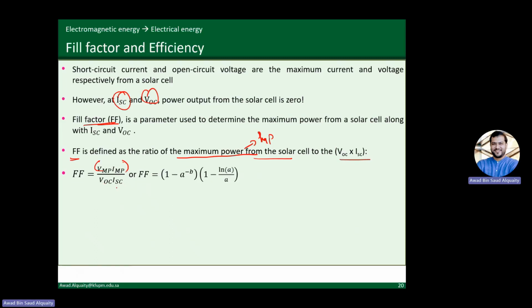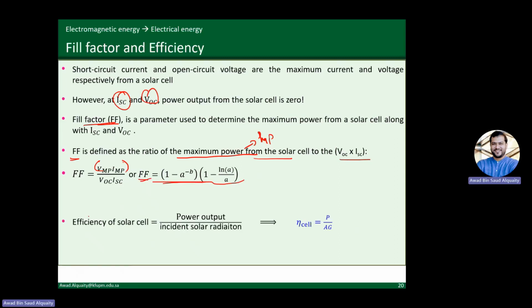So this is just to get an indication of the squareness of the current voltage characteristics, and is a very useful factor when comparing different solar cells. Now, based on our previous definition of A and B, and in fact, the IMP and VMP, we can also write fill factor in terms of A and B as shown here. Right, so this is one very useful way of looking at the squareness of a solar cell.